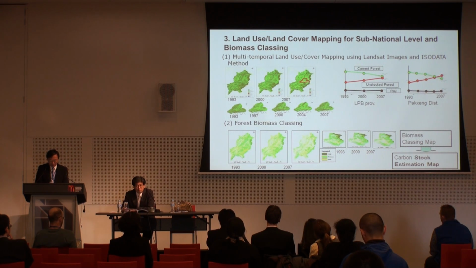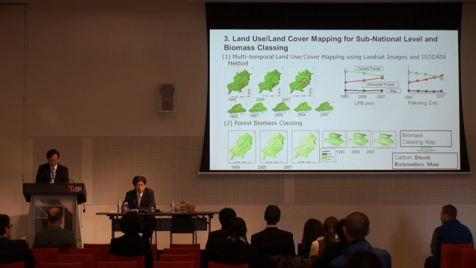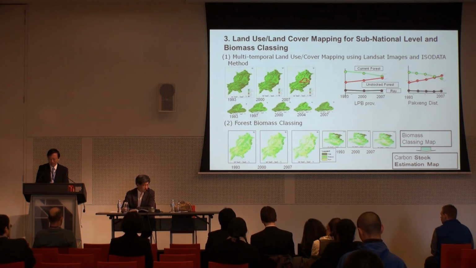Then the satellite images from 1993 and 2000 were also classified using this method. And we also analyzed district level land use and cover for 5 time periods to check the adequacy of the time intervals of the mapping.